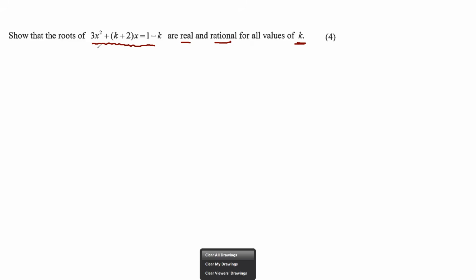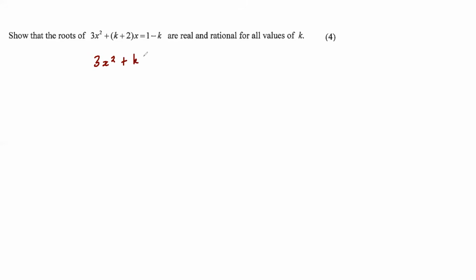So this is my equation as it stands. Let me rearrange it. I can write this as 3x squared plus (k plus 2) multiplied by x. Then I can take this to the other side, it becomes minus 1, and then plus k, all this is equal to 0.